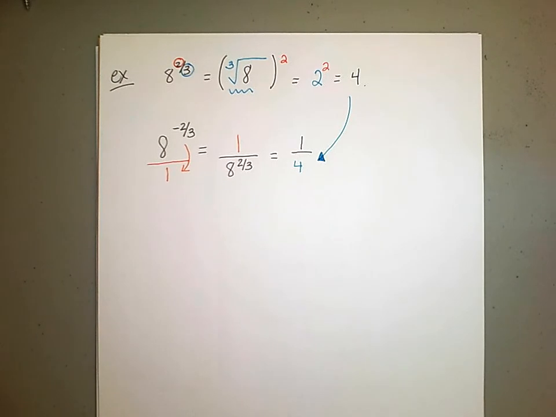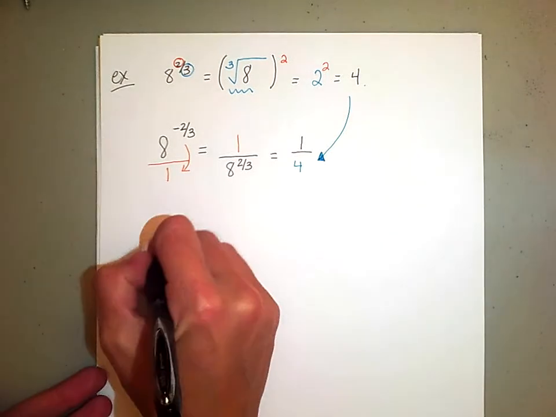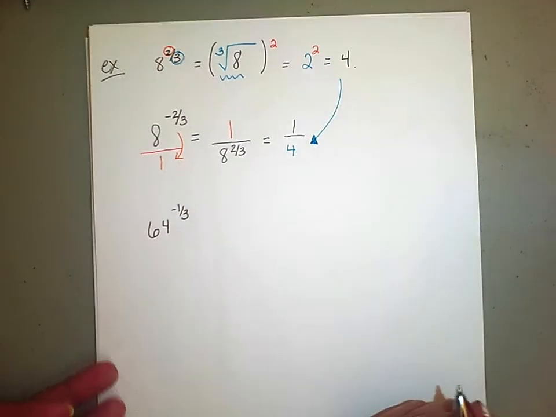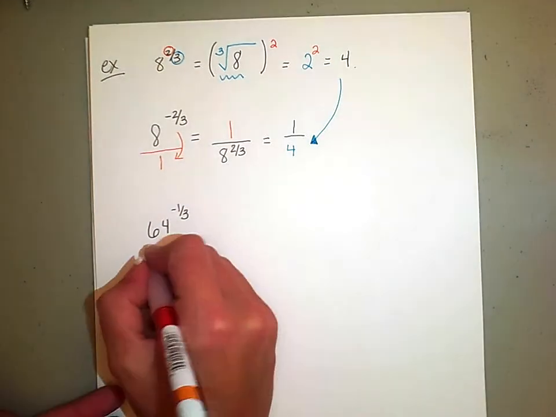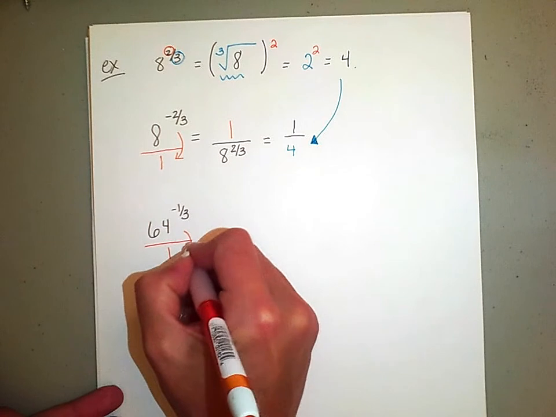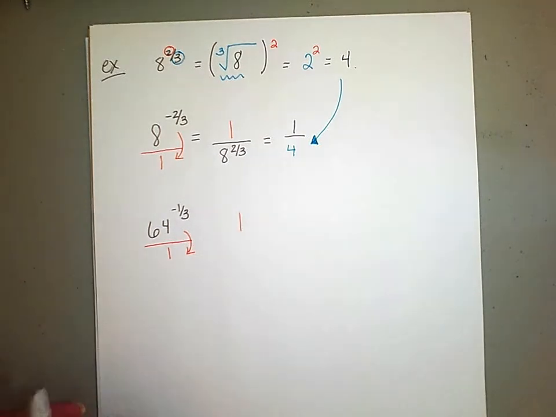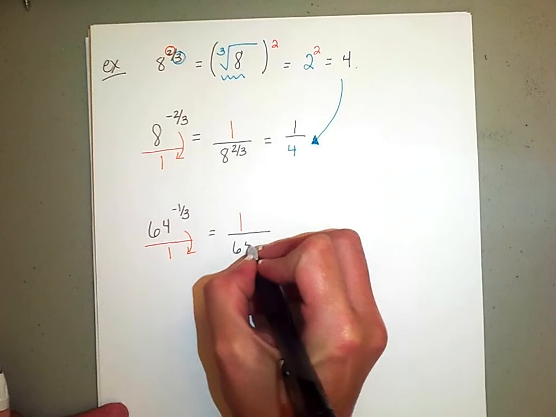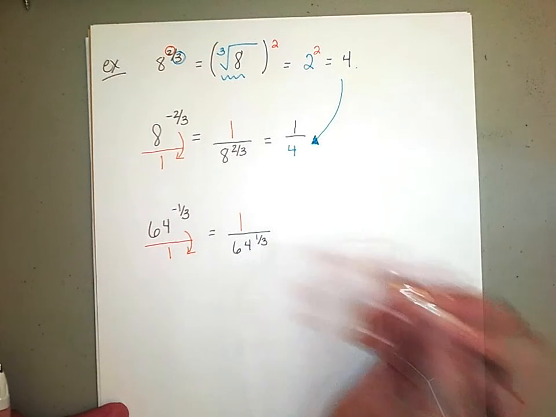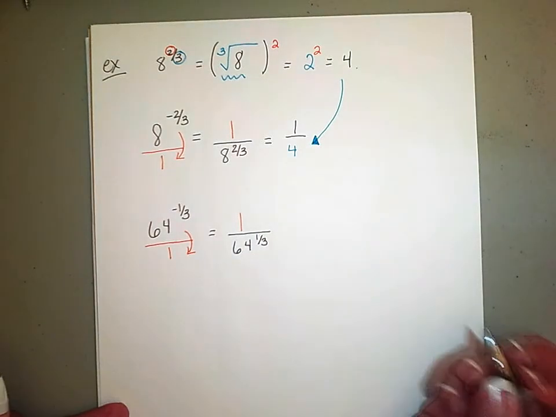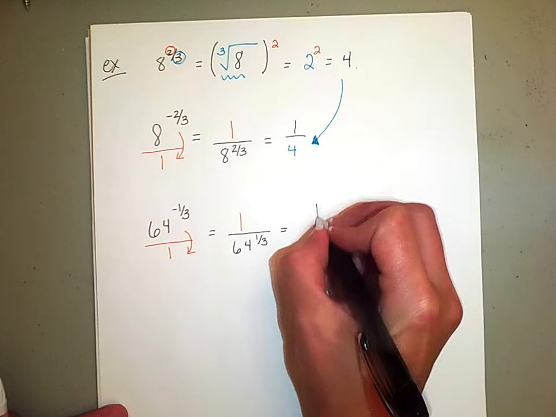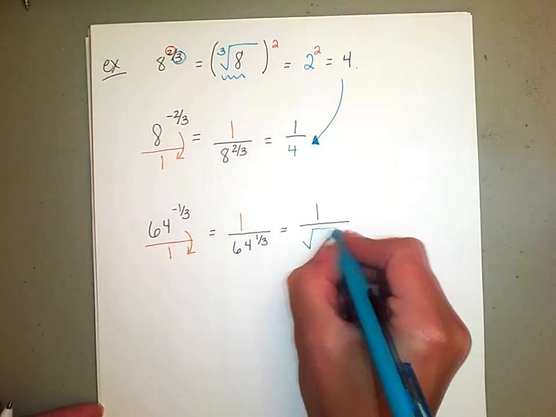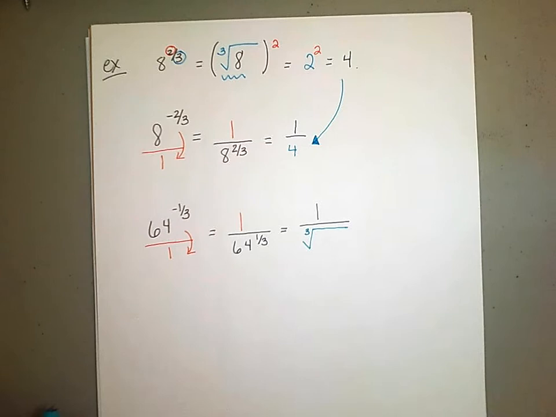Let's try one more. We could also do 64 to the negative 1/3 power. Again, I want to make this exponent positive, so I'm going to push it through. That will leave a 1 in the numerator, and now it's 64 to the positive 1/3 power. And if we convert this to a radical, then I'm taking the cube root of 64.